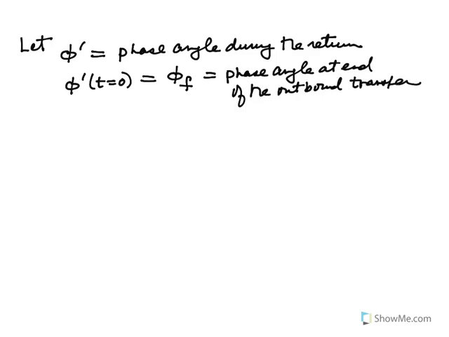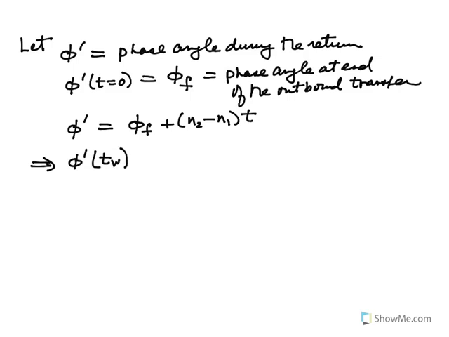So now we know that phi prime has to equal phi f plus n2 minus n1 times t, which implies that phi prime at time t equals t sub w has to equal phi f plus n2 minus n1 times t sub w, right?